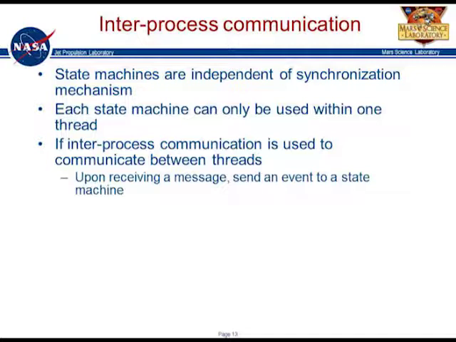And basically, here's how we handle that. Inside your message handler, when you receive an IPC message, you call one of these event functions, and that's how the state machine is informed. So outside of the state machine, there are queues and IPC, and this is all underneath it. So it's very independent of the synchronization mechanism that you choose to use for your project.